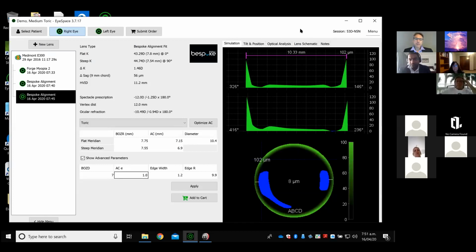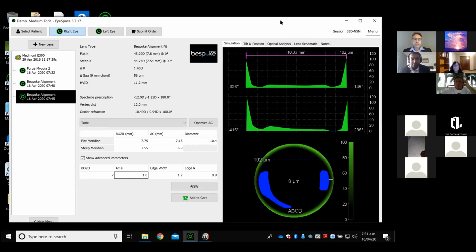So if we look at the back optic zone diameter, currently it's 7. If you feel that you want to go a bit smaller or larger, you can change that value and the software will redesign it. Let's decide we rather prefer that to be a 6.8.